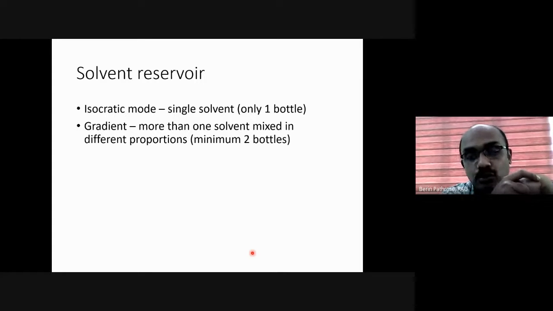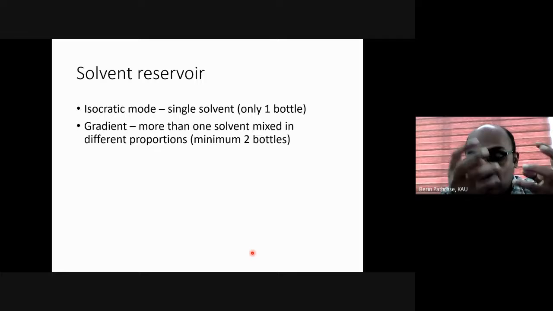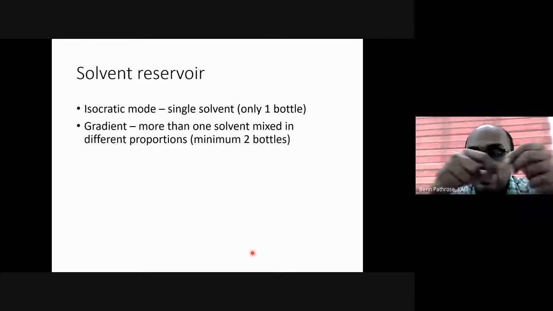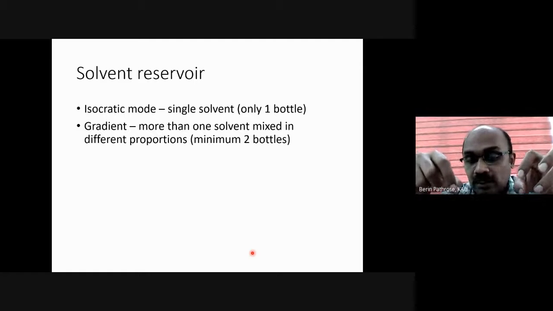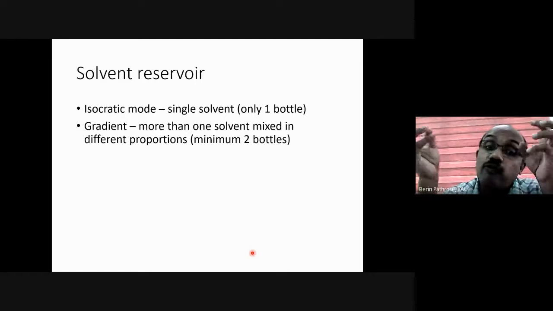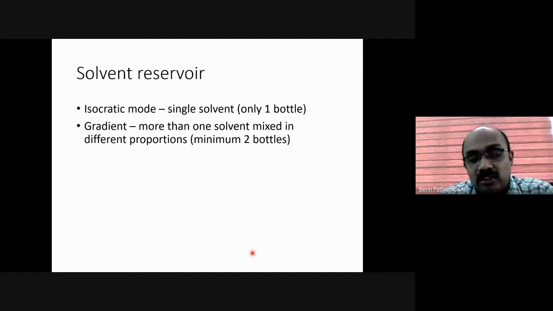If we use two reservoirs and two pumps, we call it binary HPLC, with each reservoir connected to a separate pump. Sometimes we may have four reservoirs and four pumps, and that kind of HPLC is called a quaternary HPLC.